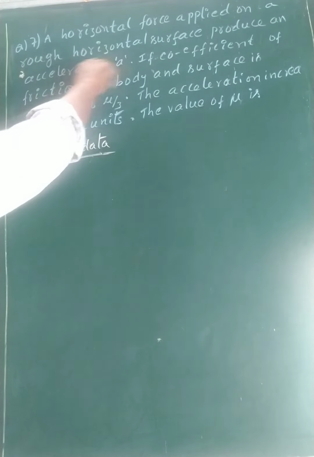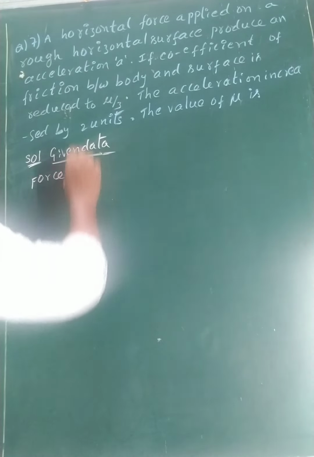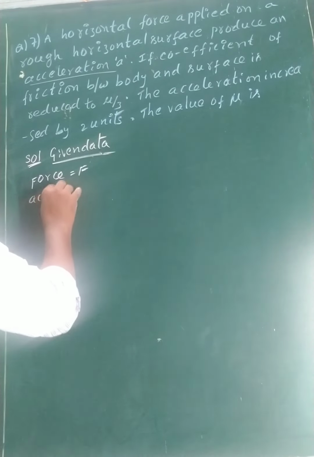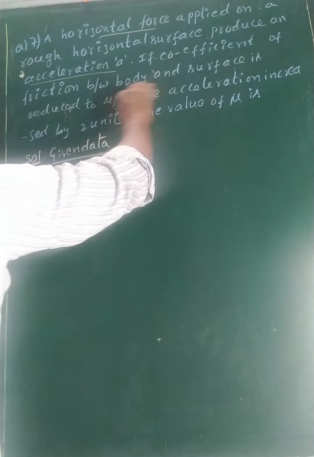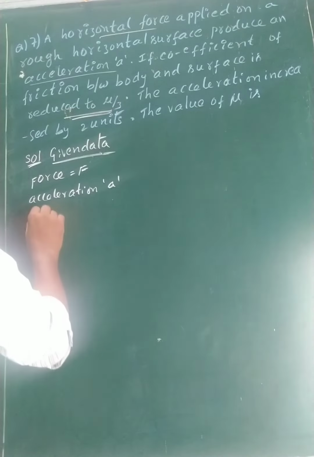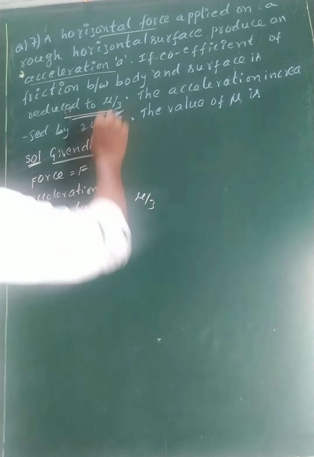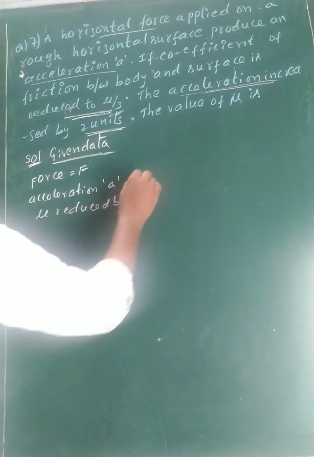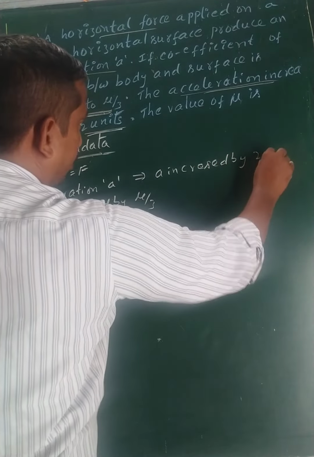Horizontal force is applied, means force is F, on a rough surface produces an acceleration A. If the coefficient of friction is reduced by mu by 3, acceleration increased by 2 units, that is, A increases by 2 units.